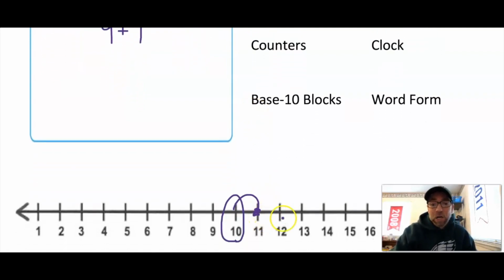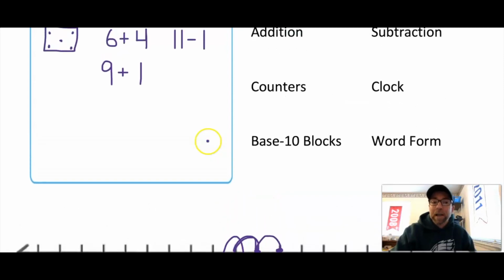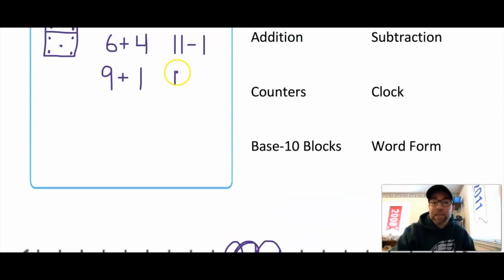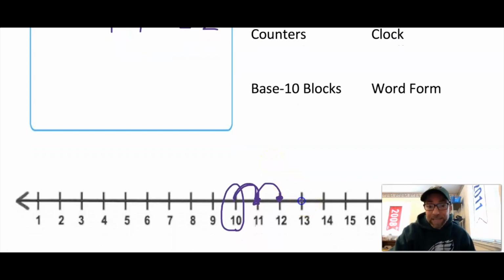Now I could start at the number 12. And since my answer is 10, 1, 2. Start at 12, count back 2. I could start at the number 13. Since my answer is 10, I just have to hop to the number 10. 1, 2, 3.